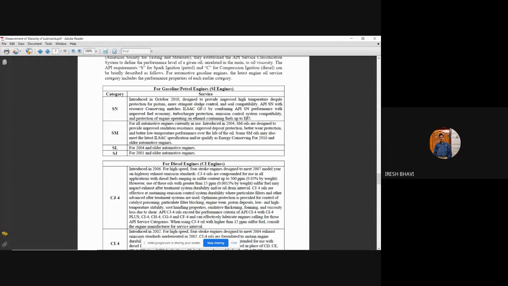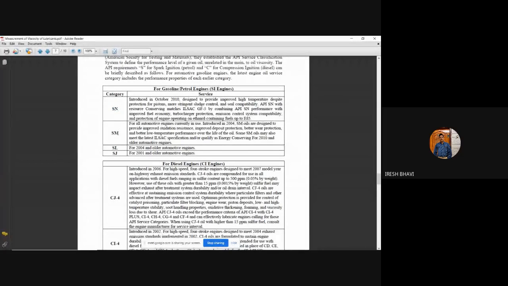E85 means it is a blend: 85% ethanol or ethyl alcohol is mixed with petrol, and then this grade of lubricating oil can be used.